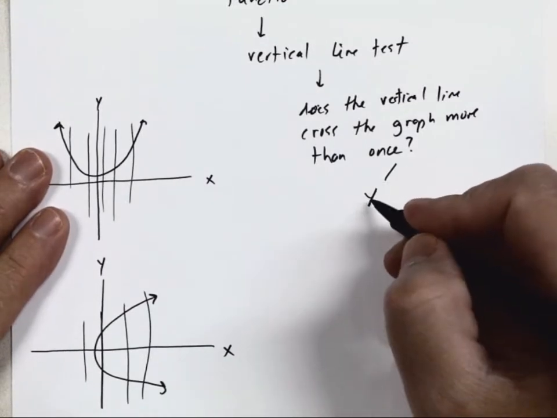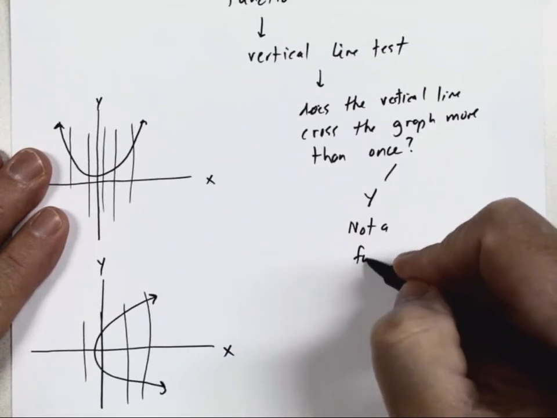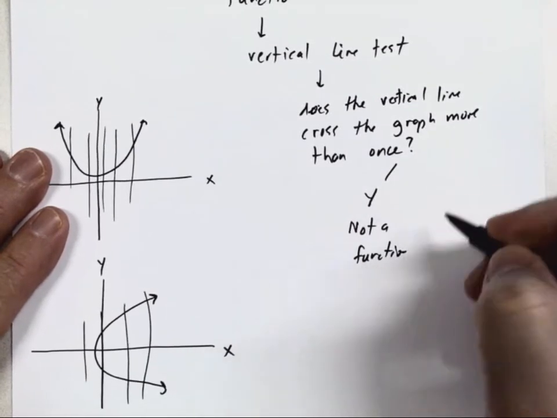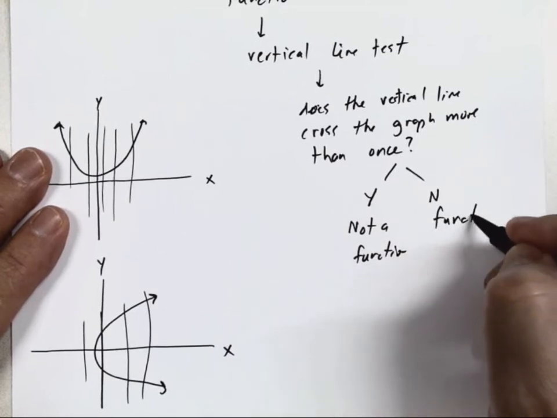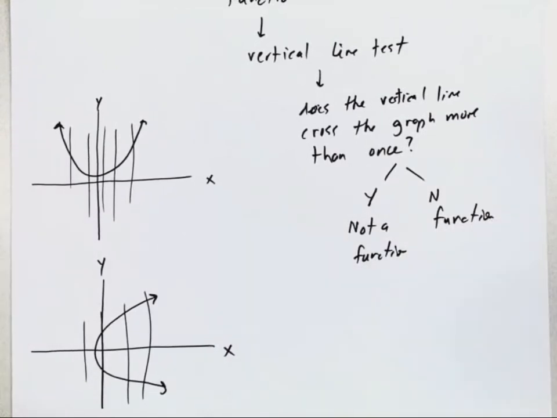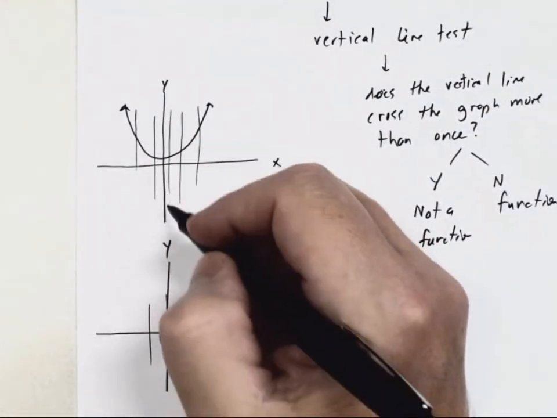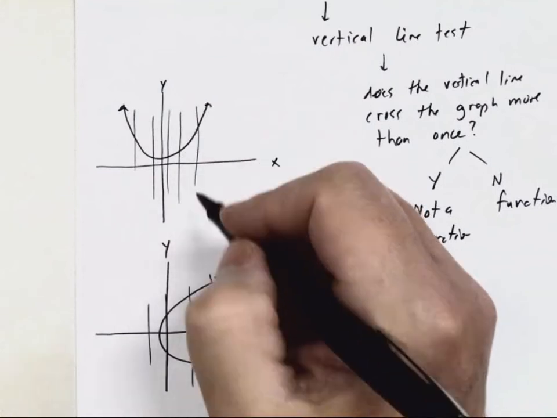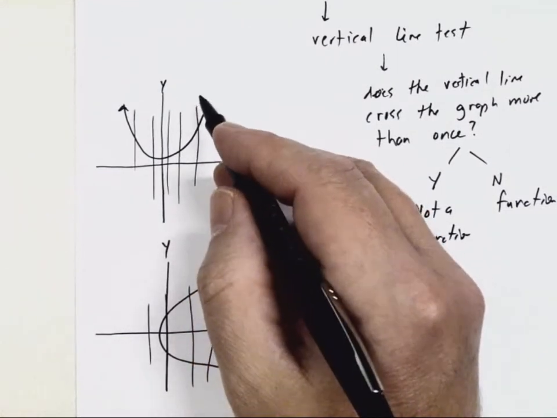If the answer is yes, it's not a function. If the answer is no, it's a function. If I look at this first graph, here's all my vertical lines, and I say, is there any vertical line, even just one, that crosses the graph twice?